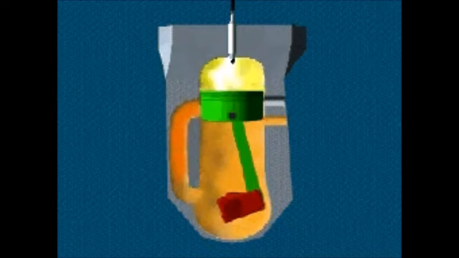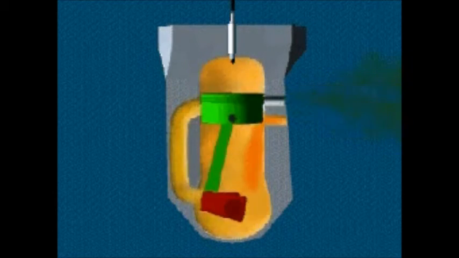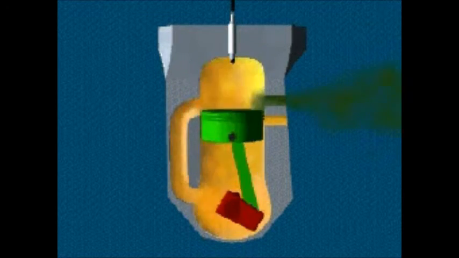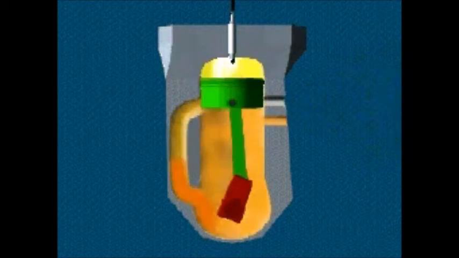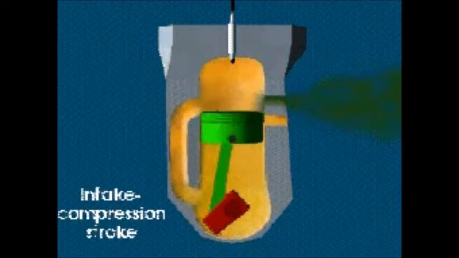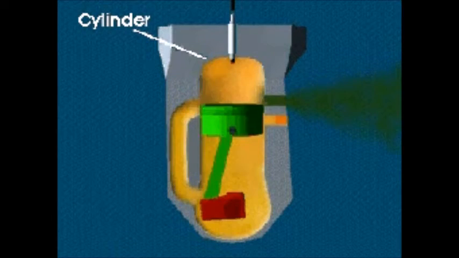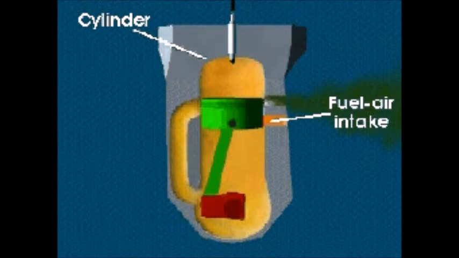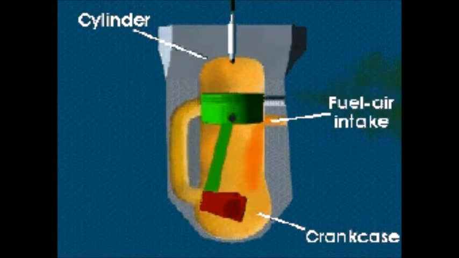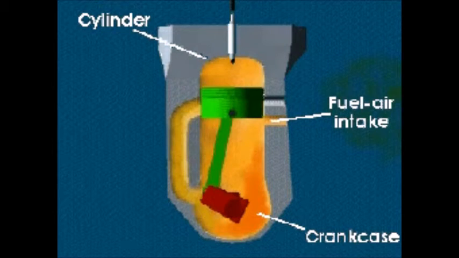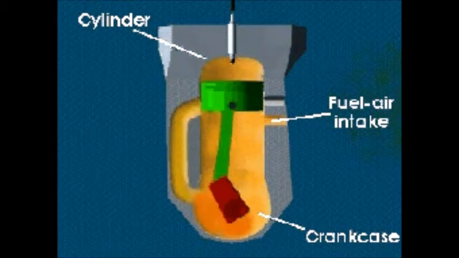A two-stroke cycle engine is used where low cost is important, such as in a power lawnmower. A cycle in a two-stroke engine begins with the intake compression stroke. In this stroke, the piston moves up inside the cylinder. The motion of the piston sucks a fuel-air mixture into the crankcase for the next cycle and compresses the mixture already in the cylinder.